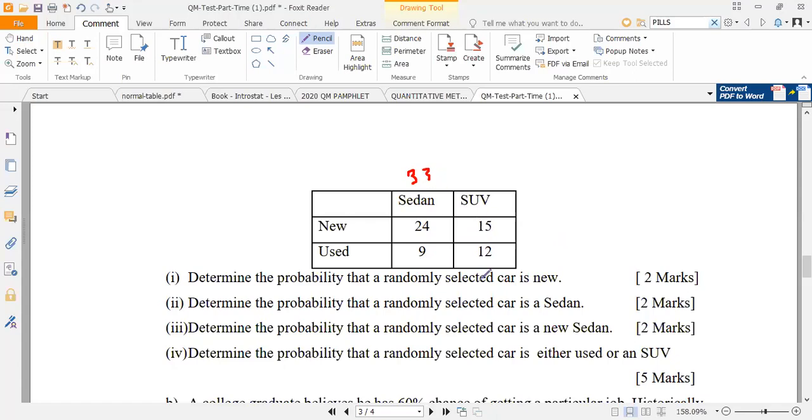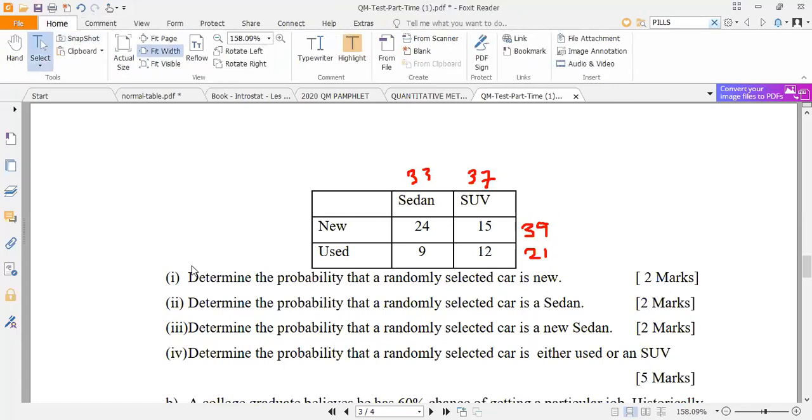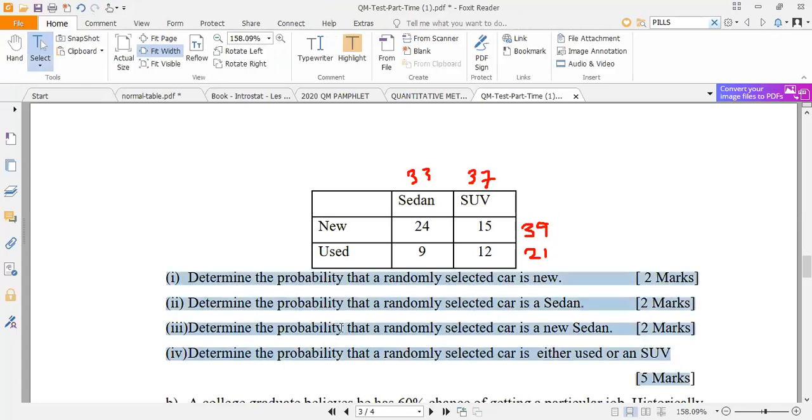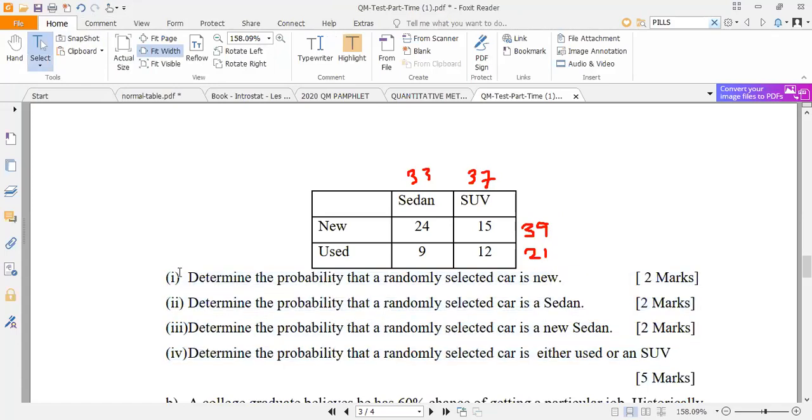Here, 27. Here, 39. Then here, 21. What's the total of totals? 60. Correct.